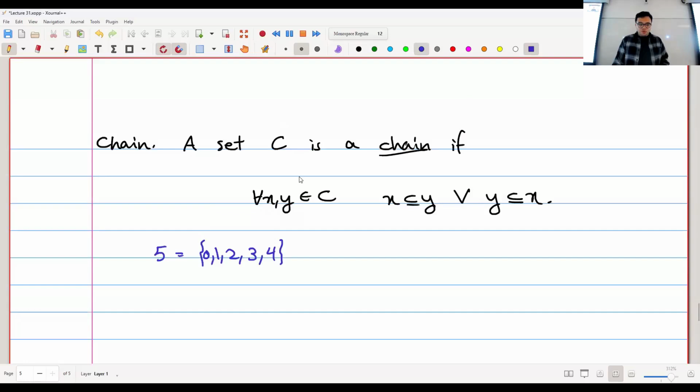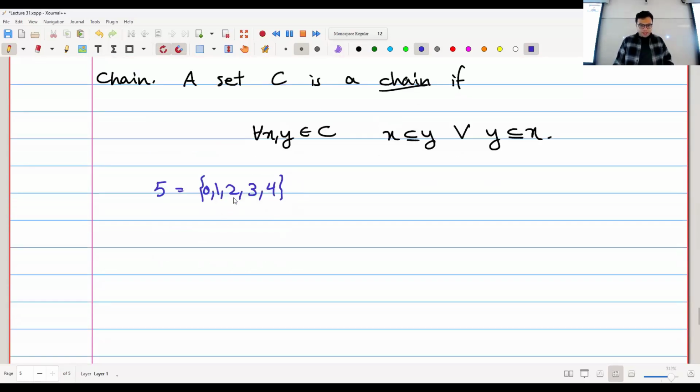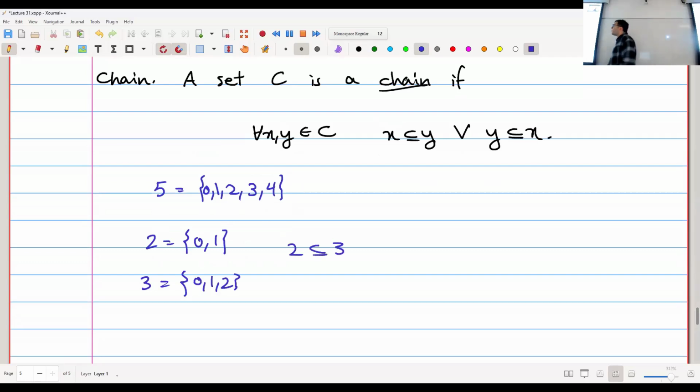But let's take two of its elements, for example, 2 and 3. 2 is just 0, 1, and 3 is 0, 1, 2. As you see, 2 is a subset of 3. So even though the definition might look weird, I have a set and I'm saying that for every two elements of this set, one of them is a subset of the other one. It's not that weird. We've seen many examples of chains.